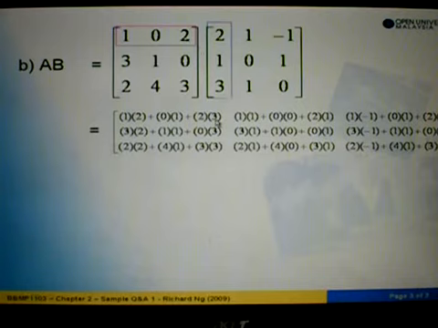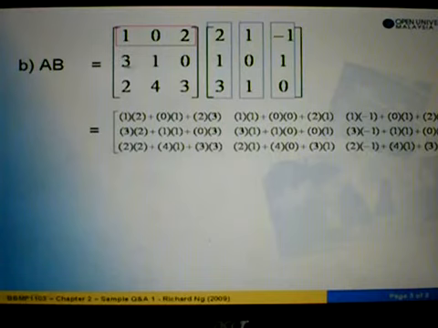Then next we will use row 1 times column 2. So 1 times 1, followed by 0 times 0, then 2 times 1. And then we continue with the third column, 1 times negative 1, followed by 0 times 1, and then 2 times 0.